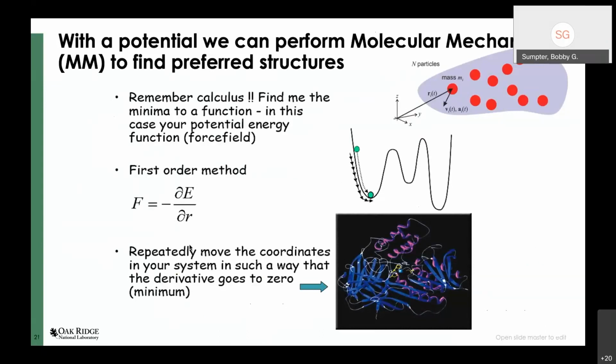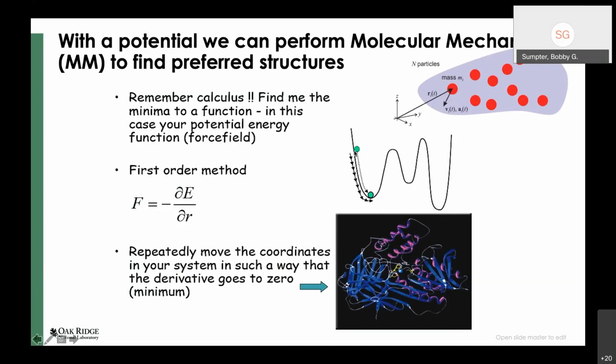That approach can do really large systems and find the equilibrium geometries of things such as proteins or other molecules. It's just a matter of optimizing that potential so that the derivatives are close to zero.